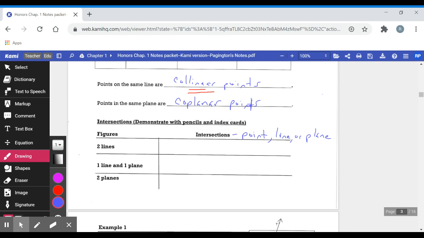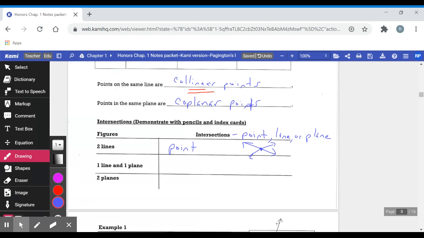Okay, so hopefully you tried that, and go ahead and check your answers now. Two lines are going to intersect, and I can even draw a little picture to help you see it. That's helpful, but two lines are going to intersect just at one spot, which would therefore be a point. Okay, a line and a plane. That gets a little 3D, but if you think about a piece of paper and then you take a pencil and punch a hole in that sheet of paper, where does that pencil and that sheet of paper touch each other?